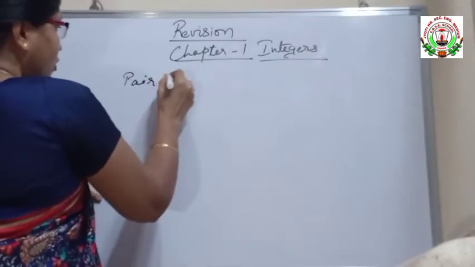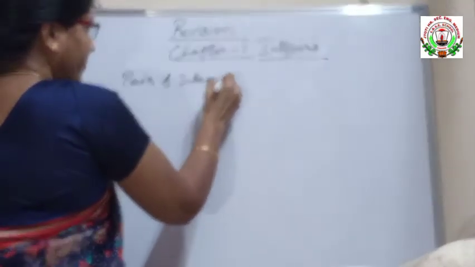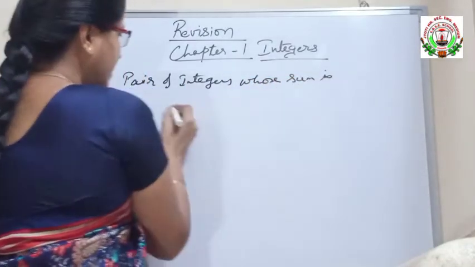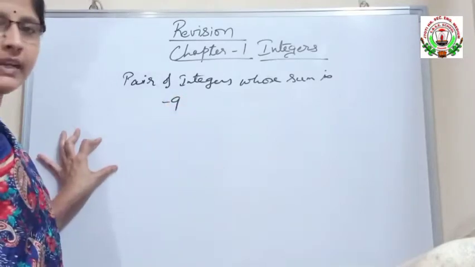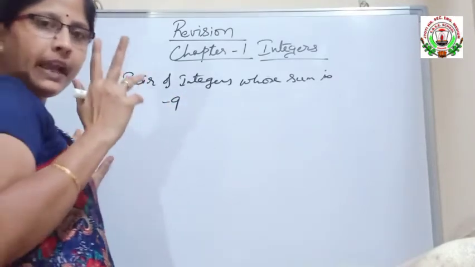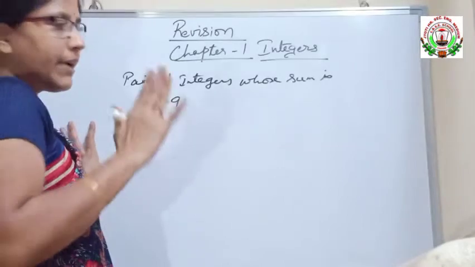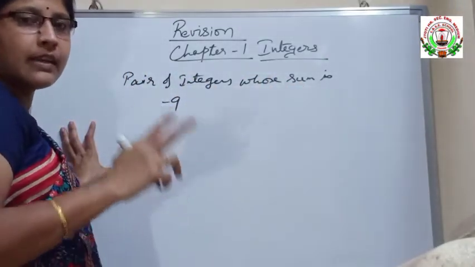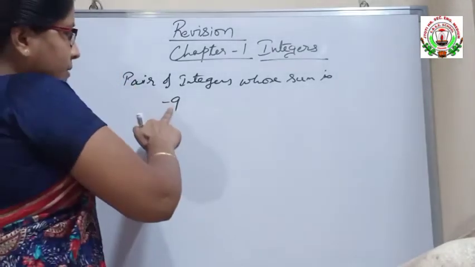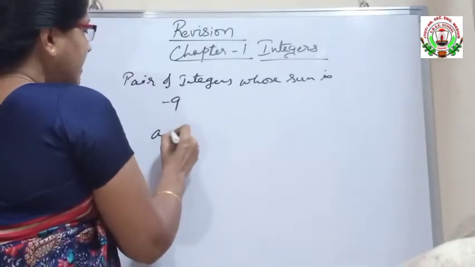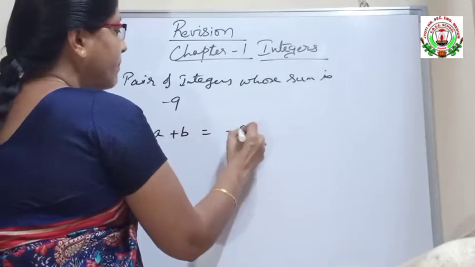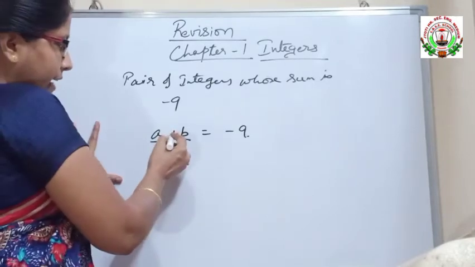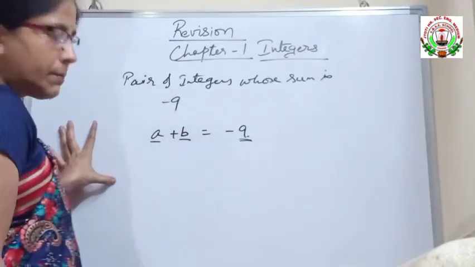Write a pair of integers whose sum is -9. That means you have to write any two integers such that when you add them, the answer is -9. Here A plus B should be -9. A and B can be any integers, so that when you add them, the answer will be -9.